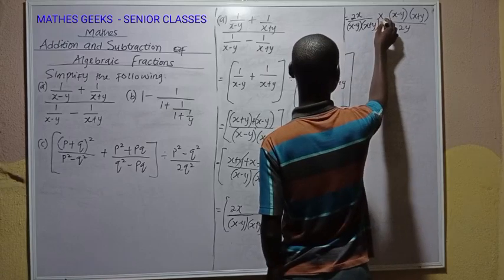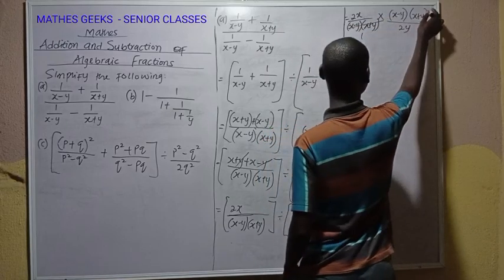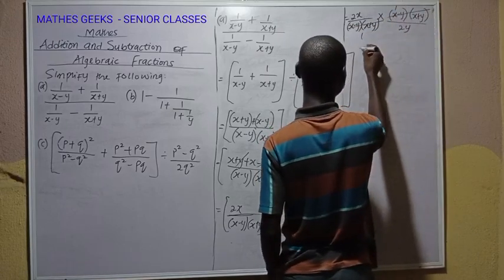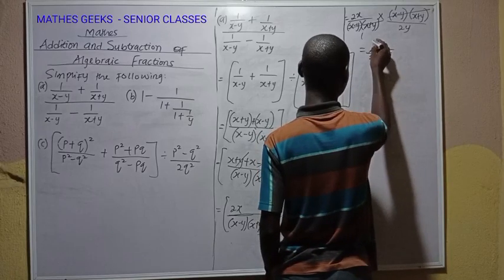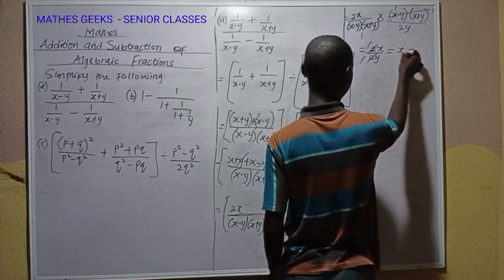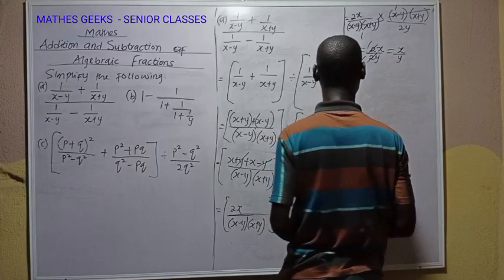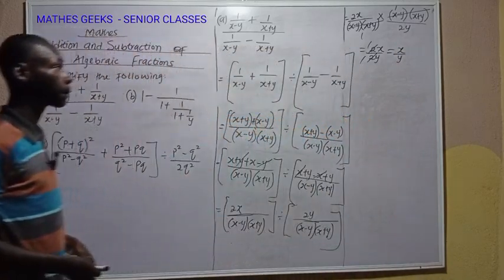So this will cancel, leaving 2x over 2y. 2 and 2 cancel, which is x over y. That's the final answer.